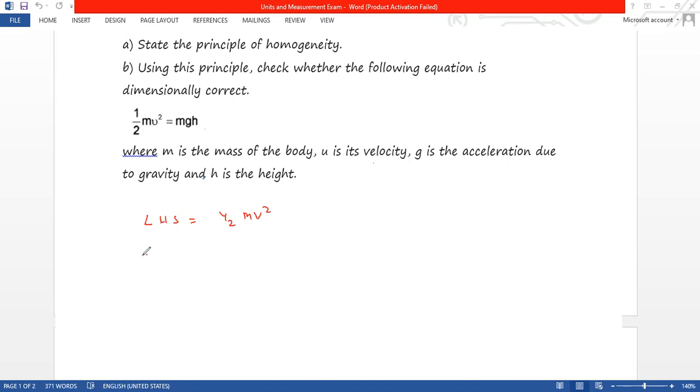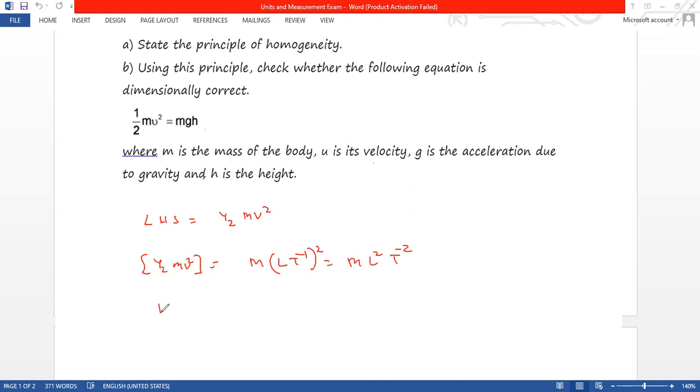The dimension formula of half mv square: the constant does not have dimension, mass is M, and velocity is L T raised to -1. V square is the whole square, which is equal to M L square T raised to -2. This is the dimension for half mv square.